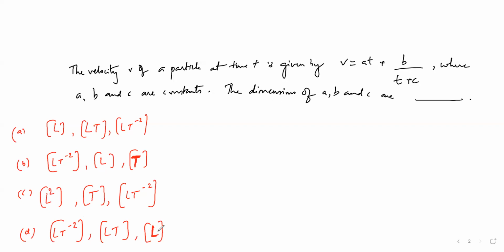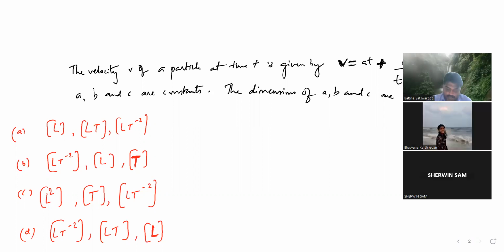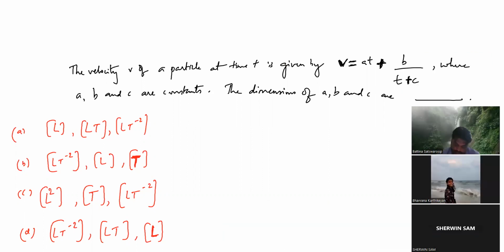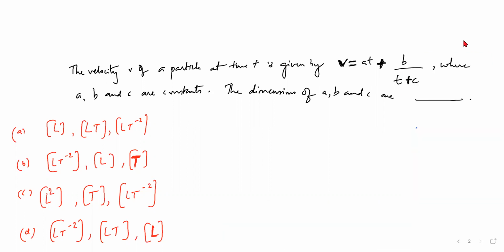Without solving anything, can you tell the answer? Just by using what I told a few minutes back. Principle of homogeneity I told, correct? When I say principle of homogeneity, what does it mean? If there is a plus, equal to, greater than, lesser than, whatever it is, they will all be equal. That is what I told.